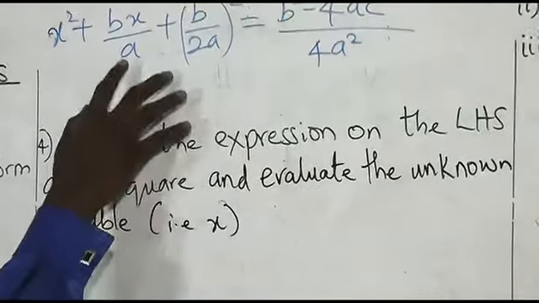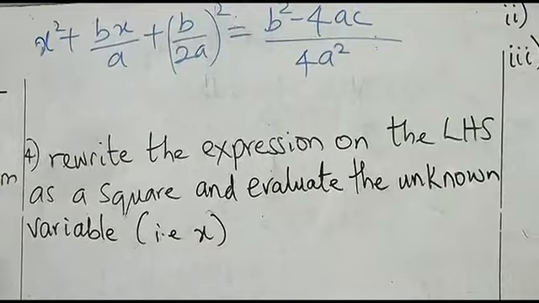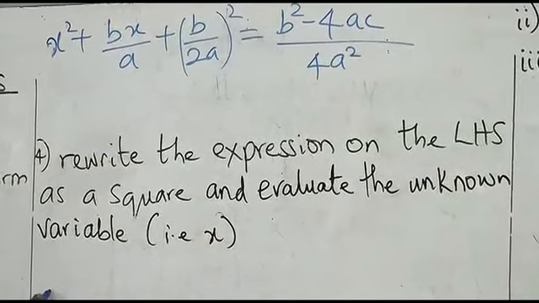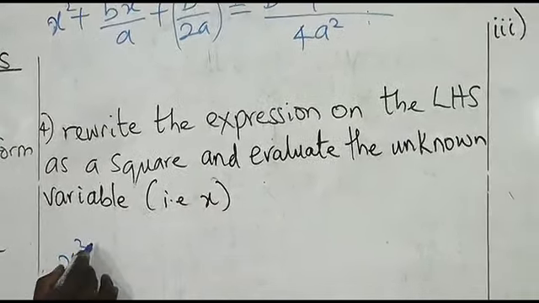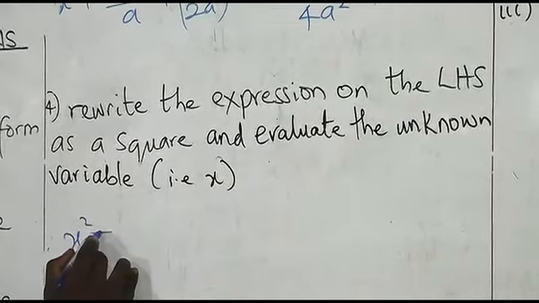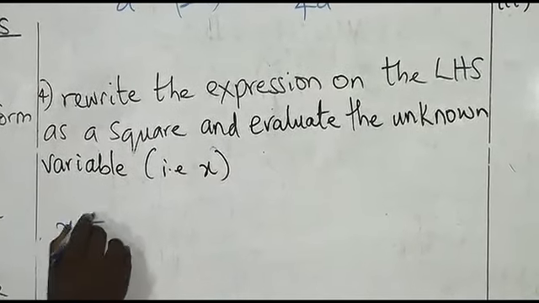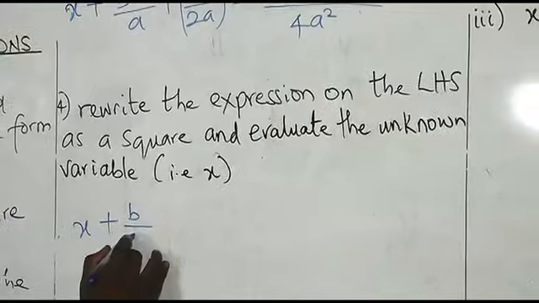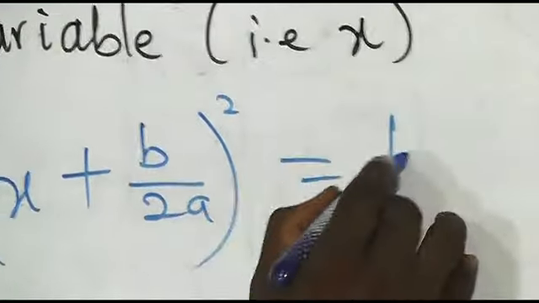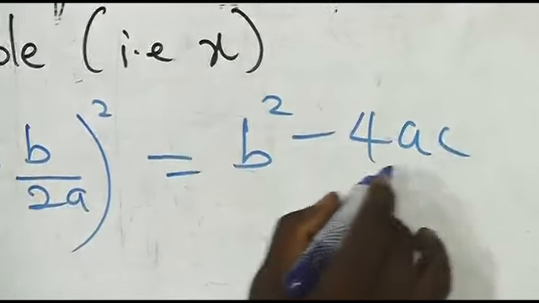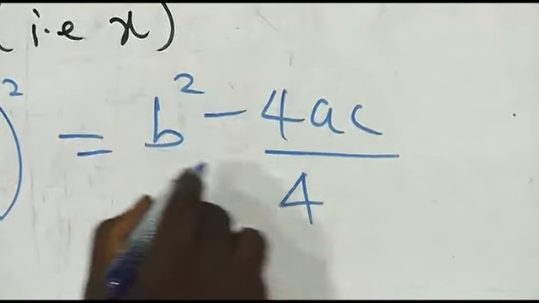So let's write this first as a square before evaluating the unknown variable. So we have it as x plus b over 2a all squared, which is equal to b squared minus 4ac all over 4a squared.